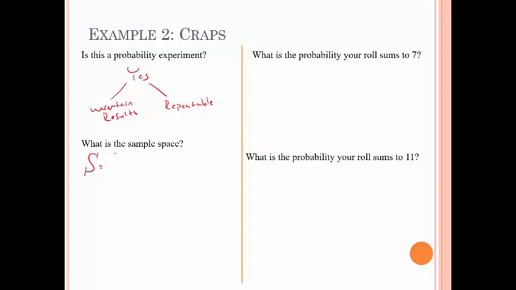I'm not going to redraw everything here, but it's 1-1, 1-2, 1-3, and you would keep going until you got 6-5, 6-6. So there's 36 elements in this sample space.